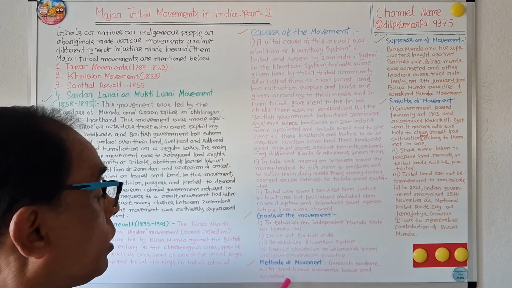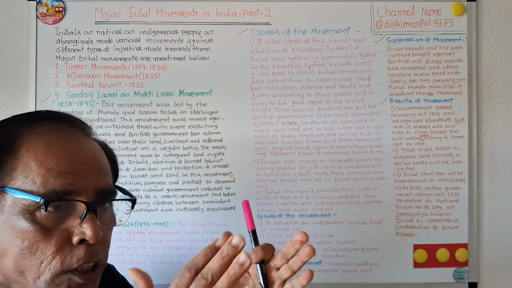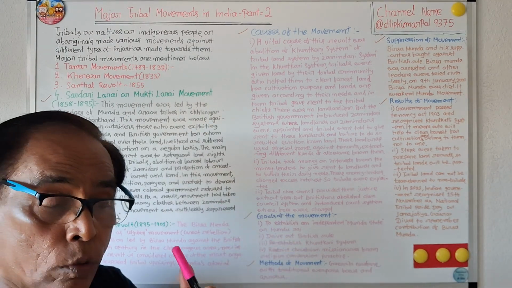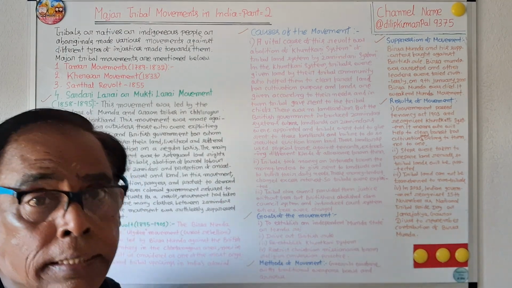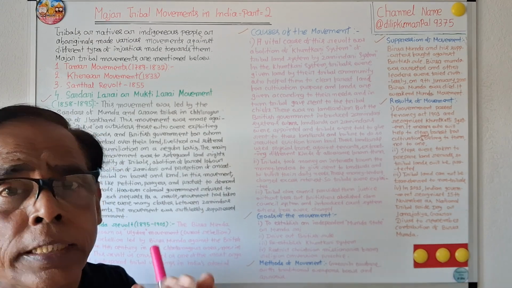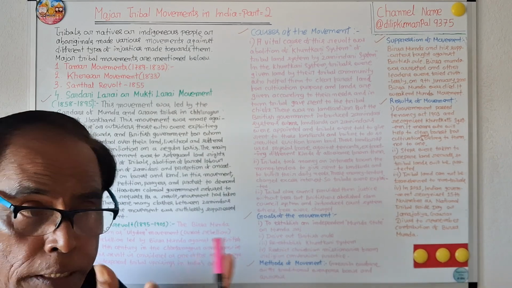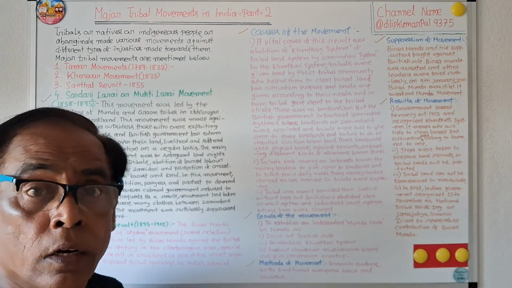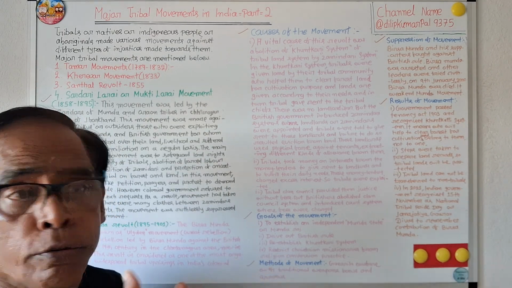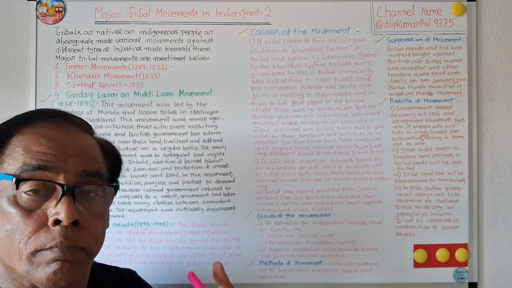Guerrilla warfare with traditional weapons, bows and arrows. The method of this movement was to apply traditional means of war like bows and arrows. The Birsa Munda movement applied guerrilla war. Guerrilla war means not a front war, but war by hiding.